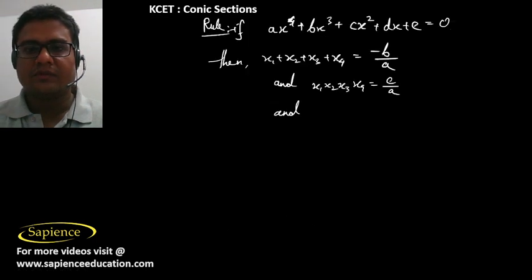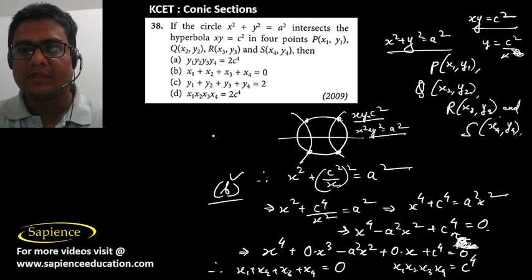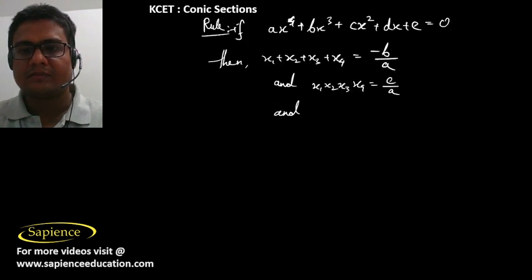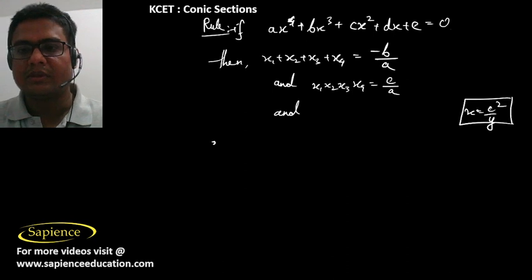Then we can also find the product of the y. Since it should be a point on the hyperbola also, we can write x as c square by y.